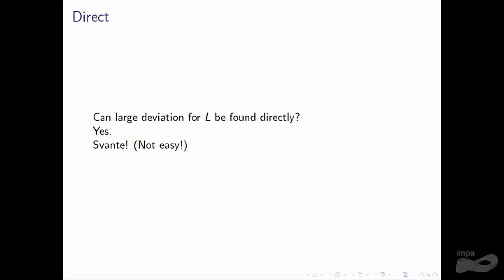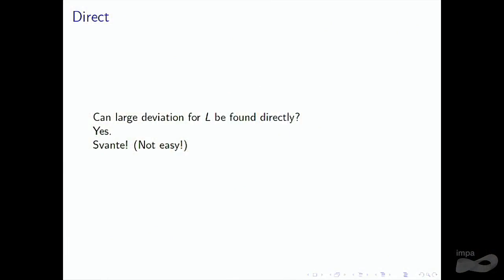And I couldn't find any direct argument to this, but I asked El Mago, the magician, Svante Jansson in Uppsala, and Svante solves all problems. And he did manage to find a direct argument for the large deviation for L, and it's a very subtle argument using eigenvalues.